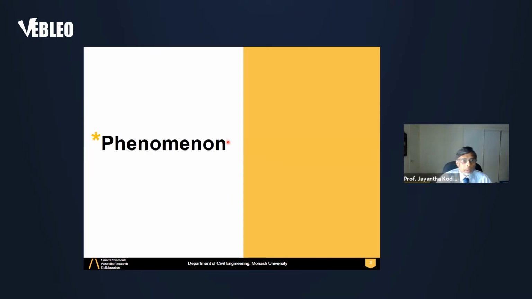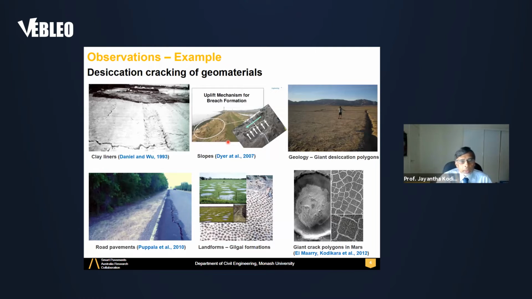So, the phenomenon. As you can see in these pictures, on the top left, clay liners. Soils crack when they dry. In this example, you see a clay liner built in a landfill, which has cracked when it was exposed to the atmosphere for an extended period of time.